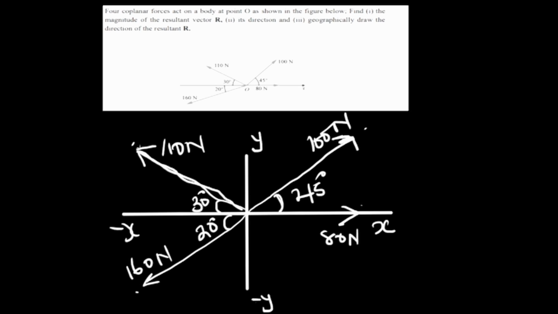If a vector is inclined at an angle, okay, it has components in the y and in the x direction. So this vector, for example, this 100 Newton vector has components in the x and in the y. Why is it so? It is because it is inclined at an angle.